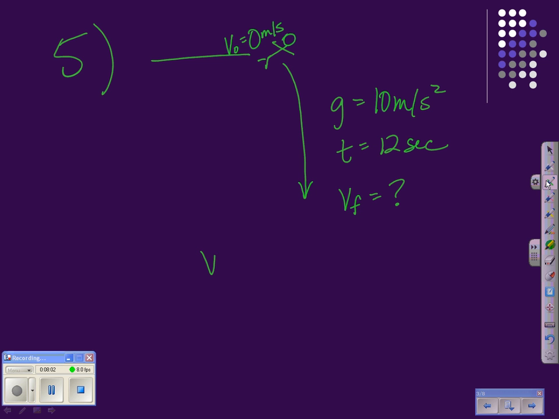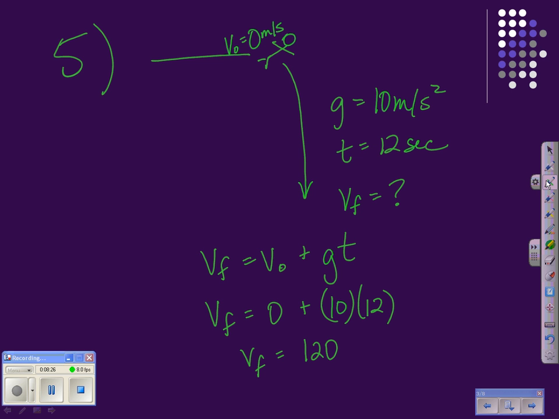Well, I have a formula that says VF equals V0 plus at, which I can just write gt because everywhere we have an a, we can substitute it when we're talking about vertical or up-down motion. So VF equals 0 plus 10 times 12, which would mean that she reaches a final velocity of 120.